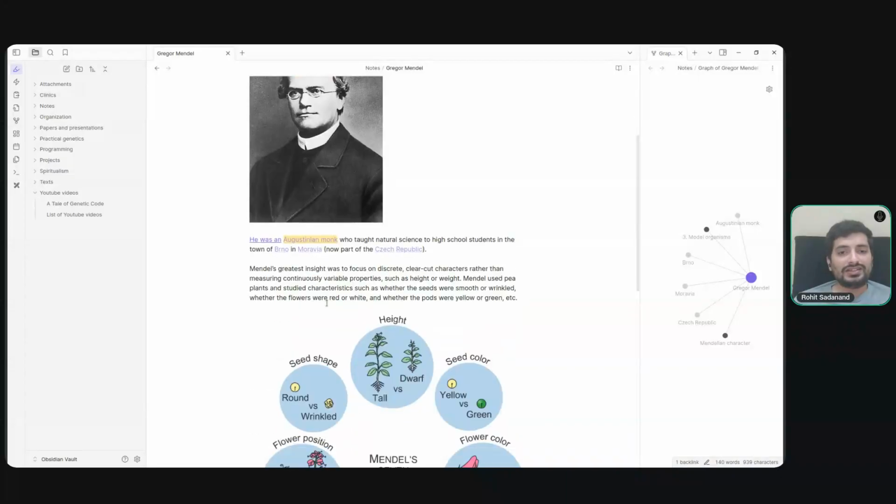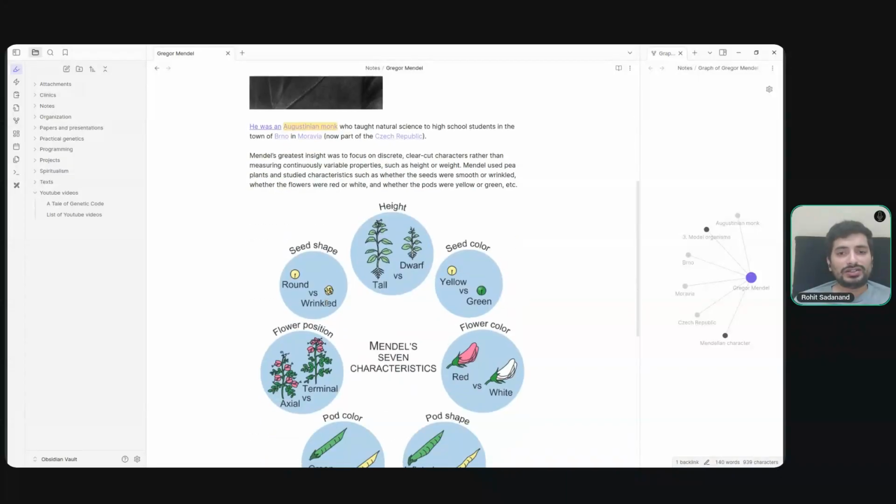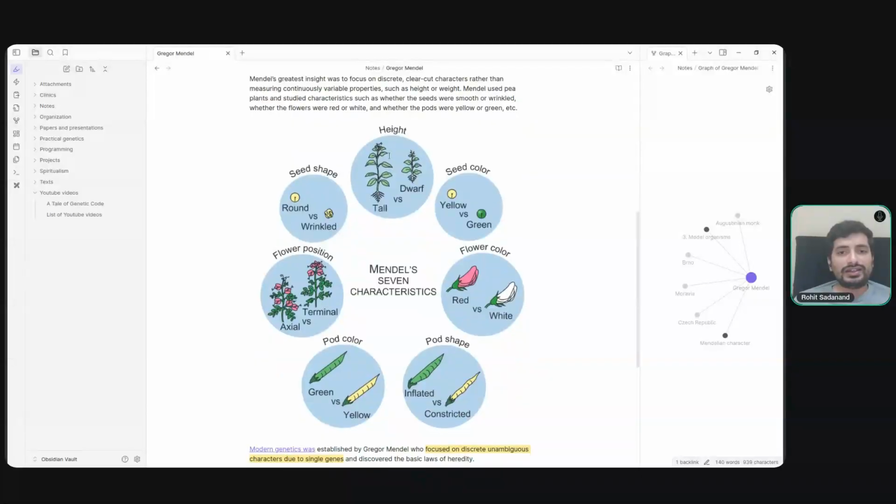Yeah. And you know what? The traits that he chose to study, they were not just random traits of the plants that he came across on a morning walk, right? He chose traits that were very distinct, that existed only in two varieties.